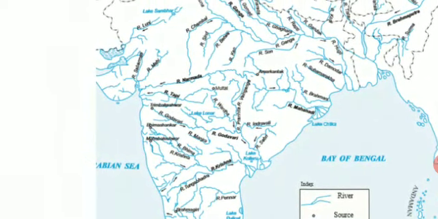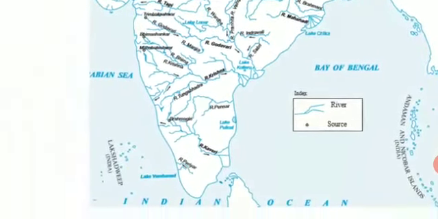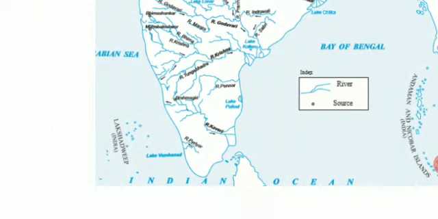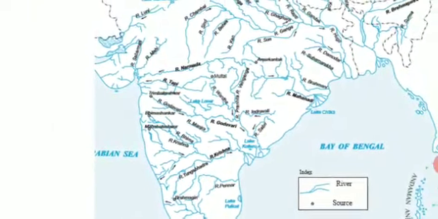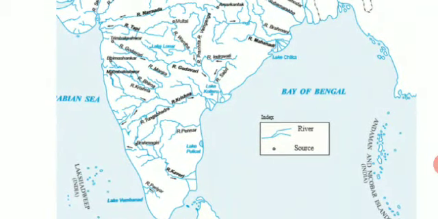River Tapi and Narmada are the only major rivers flowing westwards and meeting the Arabian Sea. Mahanadi, Godavari, Krishna, Kaveri, all these rivers meet the Bay of Bengal. River Godavari is the second largest river in India in terms of catchment area.